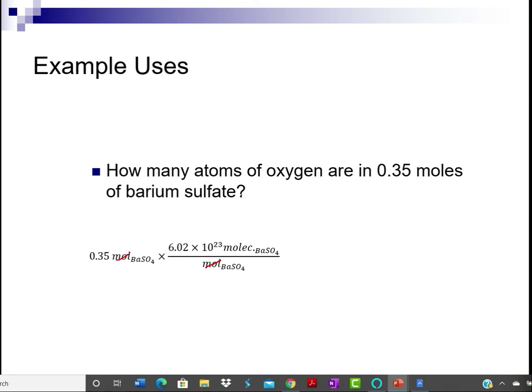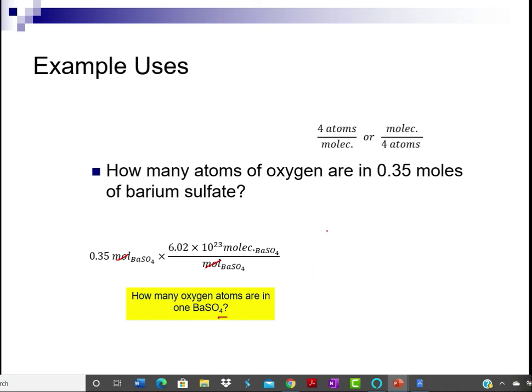But we have to ask ourselves, how many atoms of oxygen are in one molecule of barium sulfate? And if you look up down here, you can see that there are 4. So since we know that there are 4 atoms in each molecule, I've developed a second conversion factor.